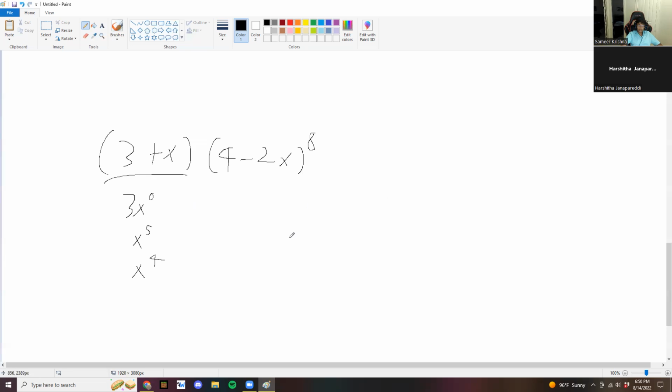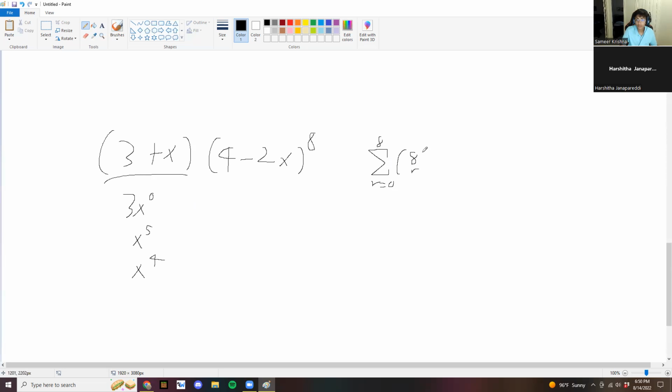So we can write this in sigma form, which is 8. In this case, it would be a choose R. Oh, that's not pretty, is it? We only use 5.